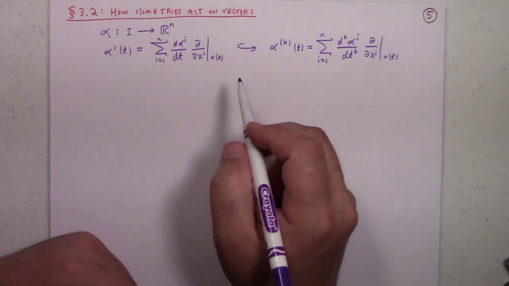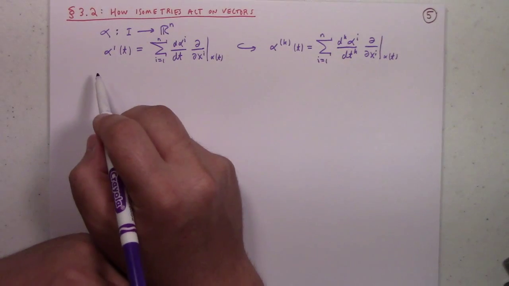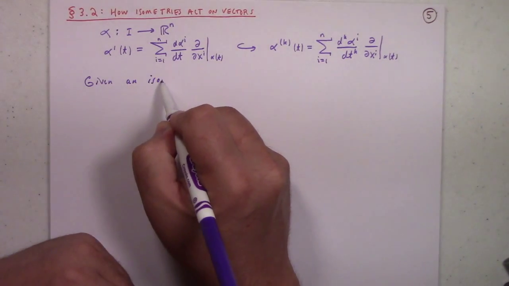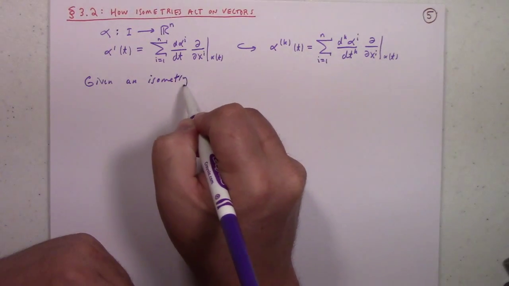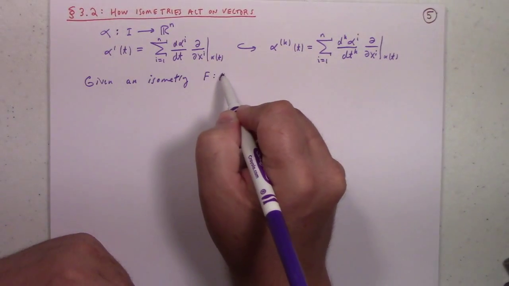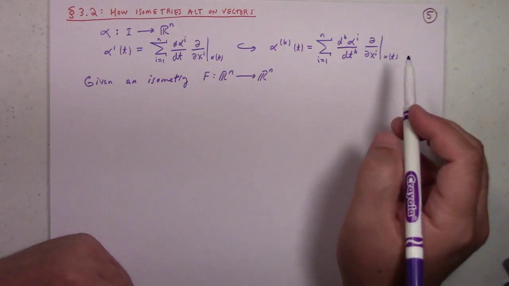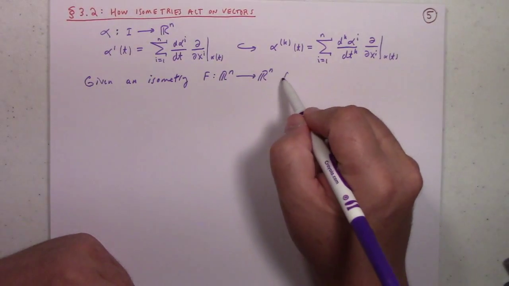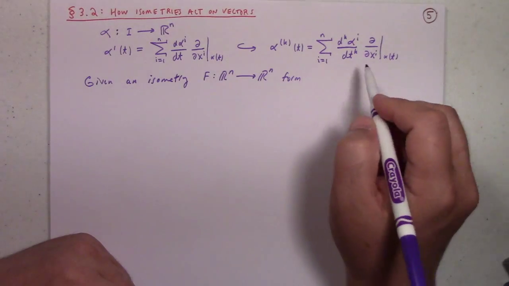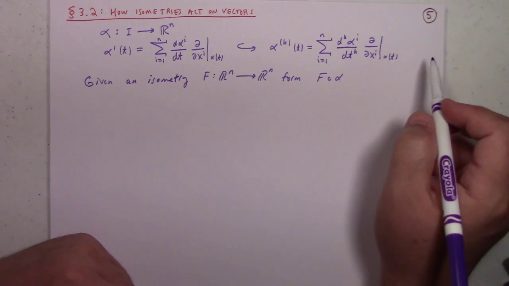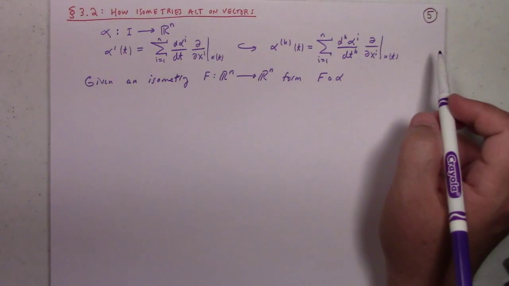All right. Now, if we have an isometry f, we can also take a look at f composed with alpha. That gives me another curve.